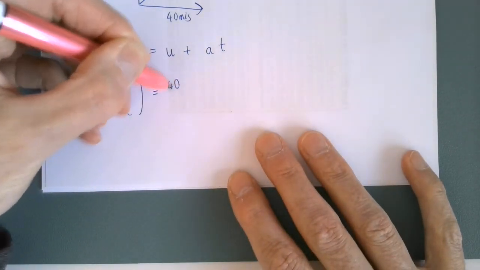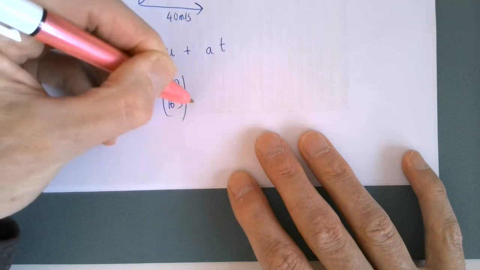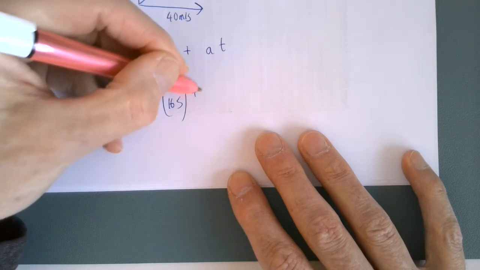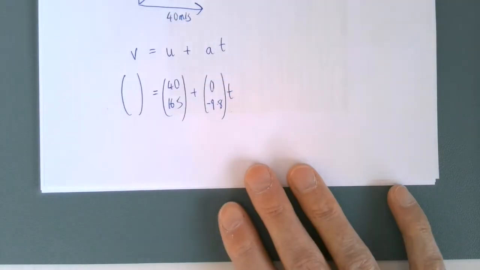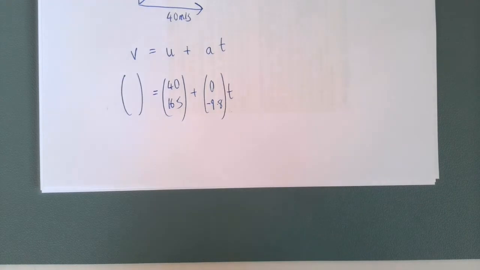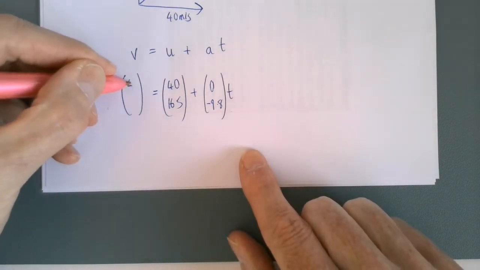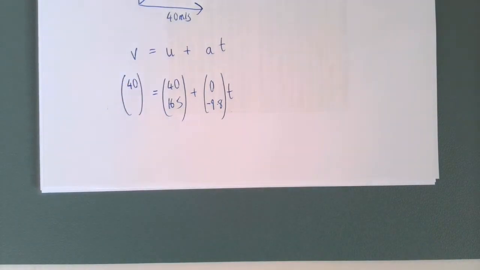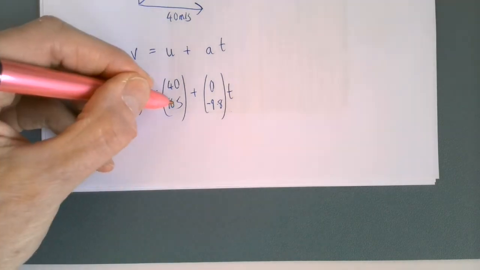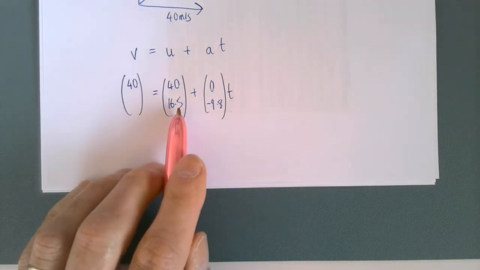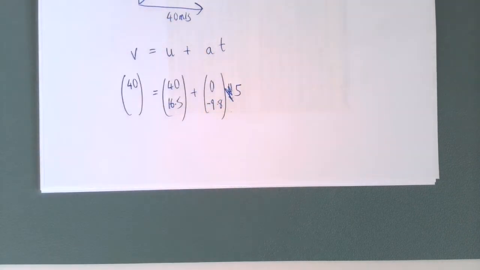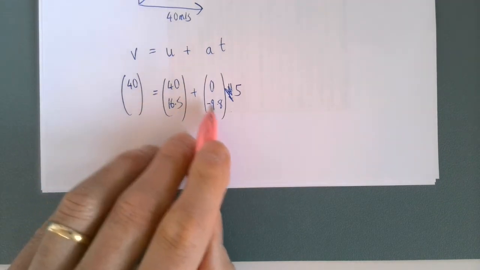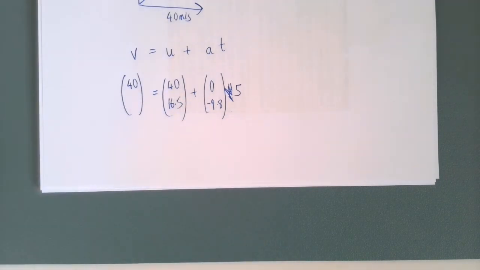So we know that this is going to be 40, don't we? It's always going to be 40. There's no acceleration or deceleration horizontally, and 16.5 when t is 5. So you've got 16.5 minus 9.8 times 5.